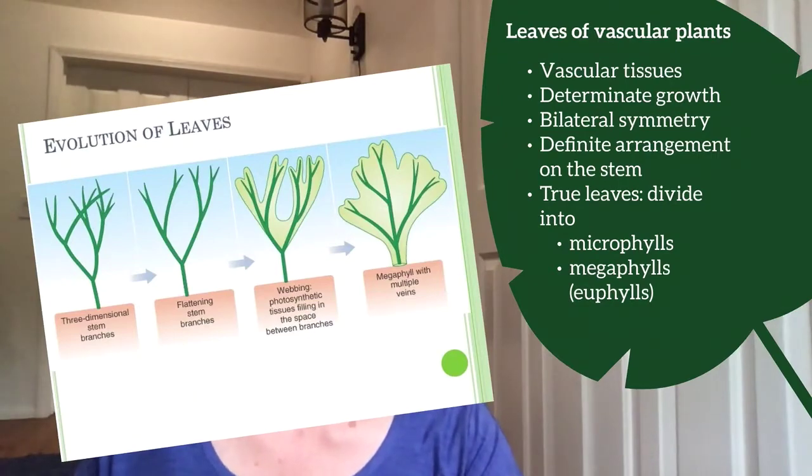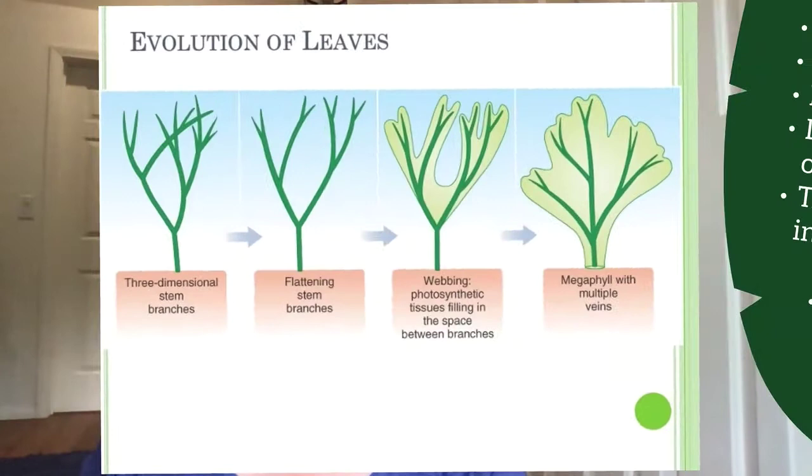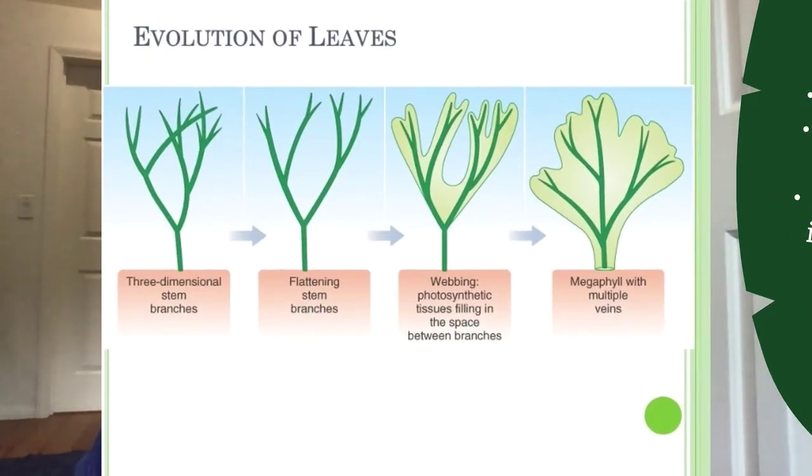So megaphylls evolved from stem branches, and that's what you really see in this picture here. The stems branching out, some of them began to flatten, and with that flattening, webbing began to fill in between the branches with photosynthetic material. And that's then what the leaf formed. You can see within those branches, those are now the veins, or the vascular tissue.